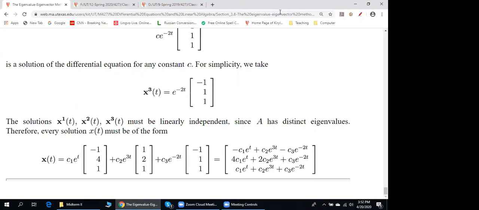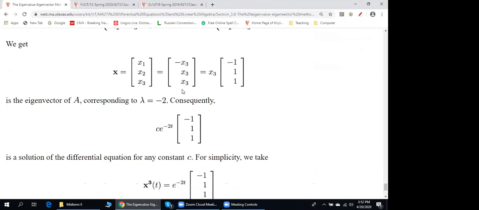But if the number of eigenvalues is lesser than n, we might run into problems, because the sum of dimensions of corresponding eigenspaces is lesser than n.